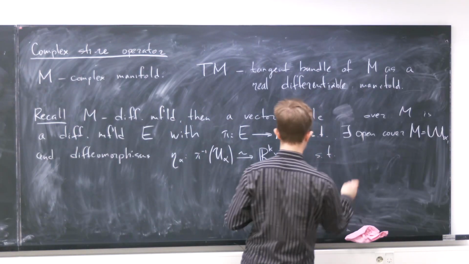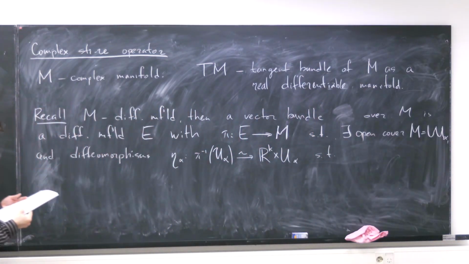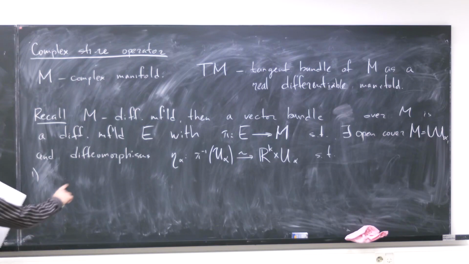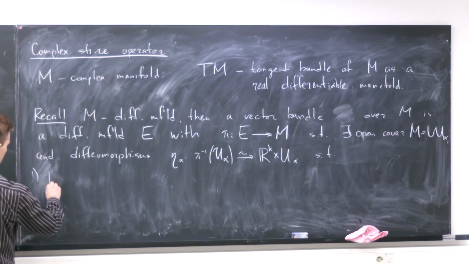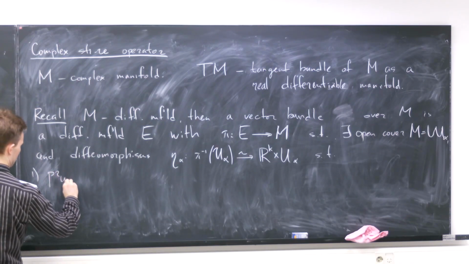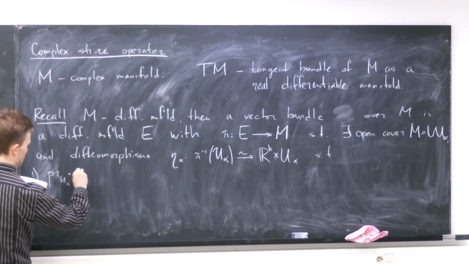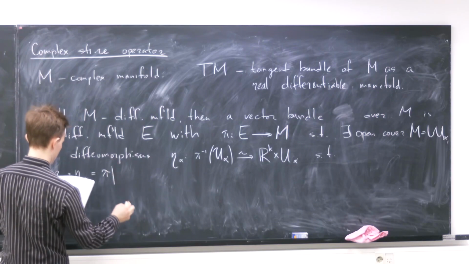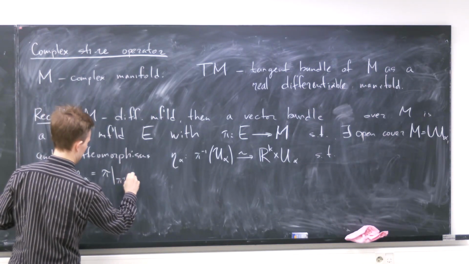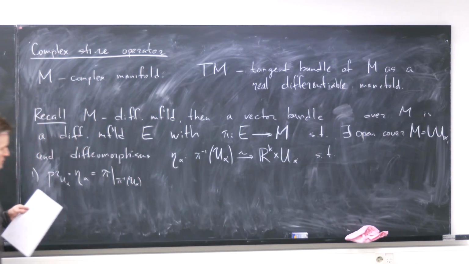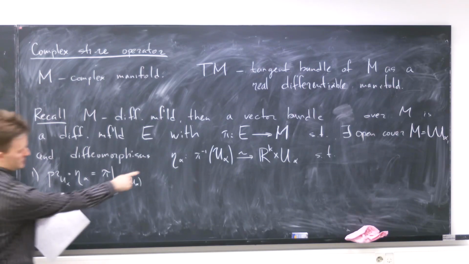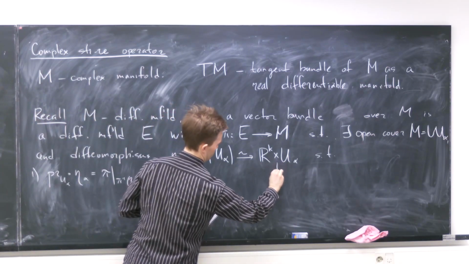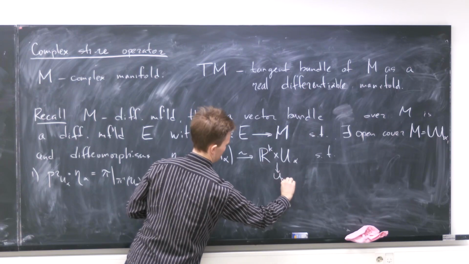First, they commute with the projection to the base. So we can write it like this: the projection to U alpha composed with eta alpha is equal to pi restricted to the preimage of U alpha, right? So I just take this eta and then I compose with the projection to the second factor.